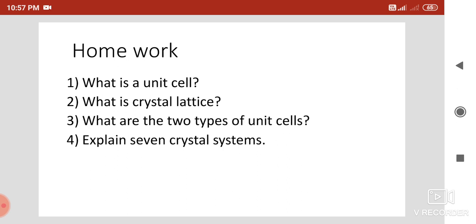While writing, you have to write whether A equals B equals C or not, and whether alpha, beta, gamma are all equal or not, in the last answer. So go through the video again and write the answers of the given questions. Okay, thank you.